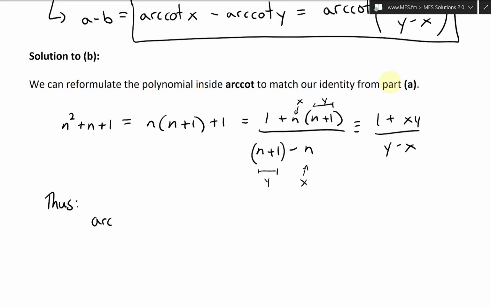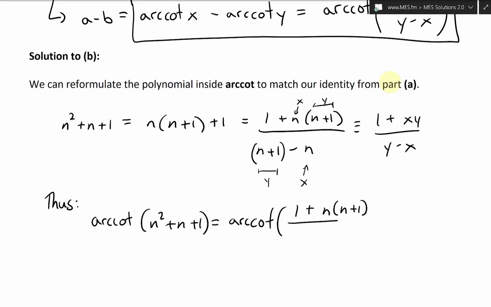So arccotangent of n squared plus n plus 1 is the same thing as arccotangent of 1 plus n times n plus 1 over n plus 1 minus n.